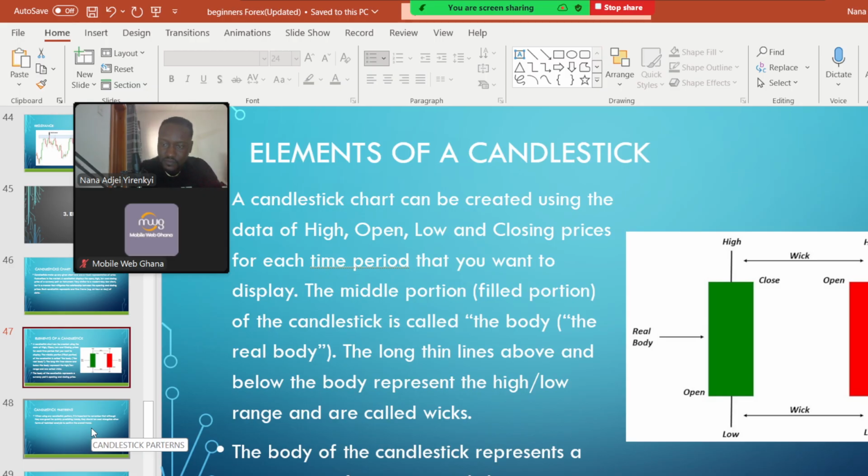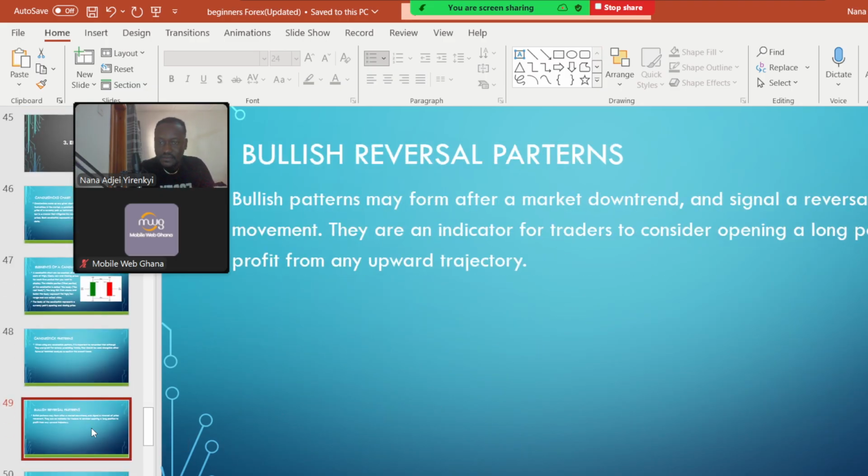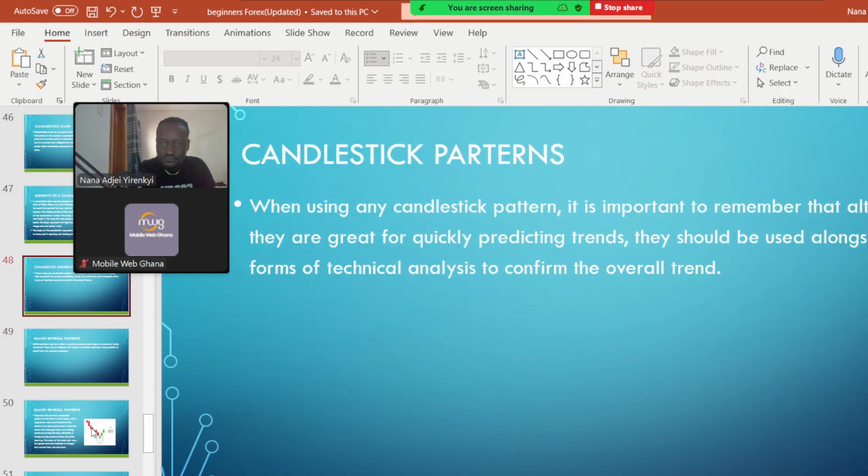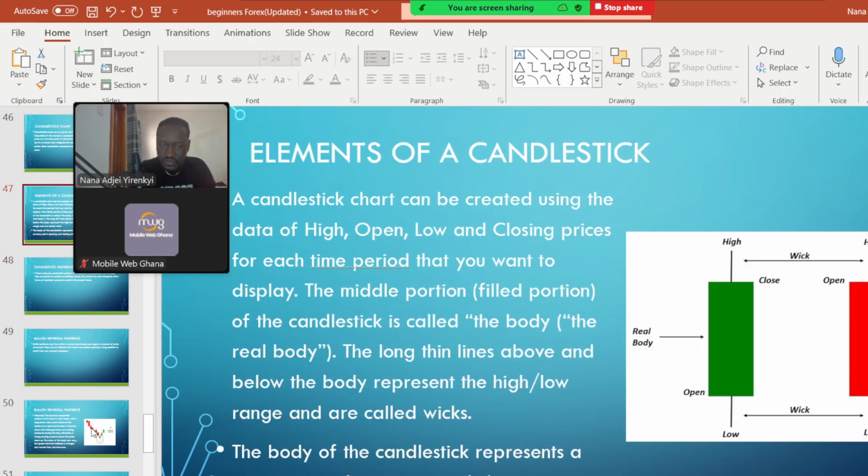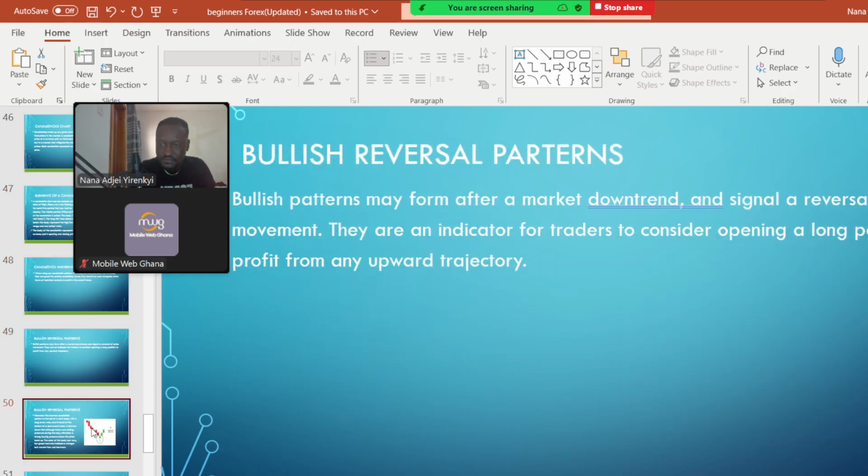So the candlestick Bible contains various candlestick patterns that every forex trader needs to be aware of, because if you don't understand these candlestick patterns, how then would you interpret what the market is doing for you to take that next trading decision? So I'm going to mention just a few, and then we will look at maybe one simple example, then we'll be out of this place.